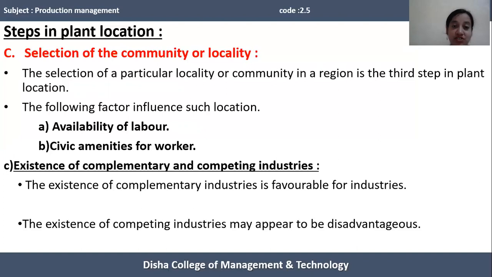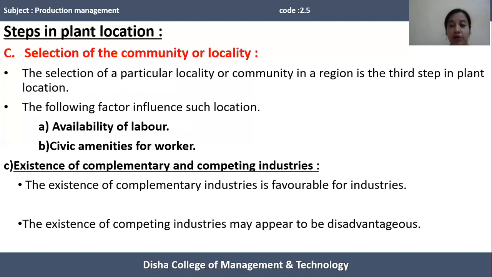The next factor the industrialist should consider while selecting a community or locality is civic amenities for workers. The industrialist should identify a place where the civic amenities of workers or employees can be fulfilled. They have to identify a place where basic facilities are available, like health facilities and educational facilities, and a place having some amusement facilities for workers like parks, clubs, and cinema halls.